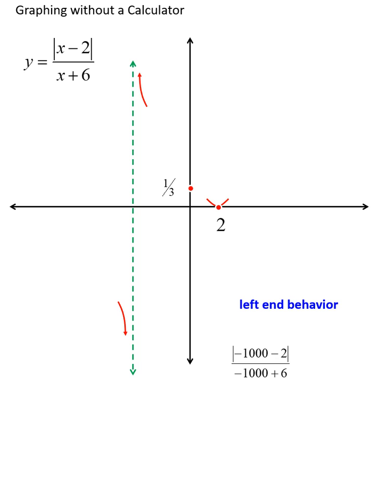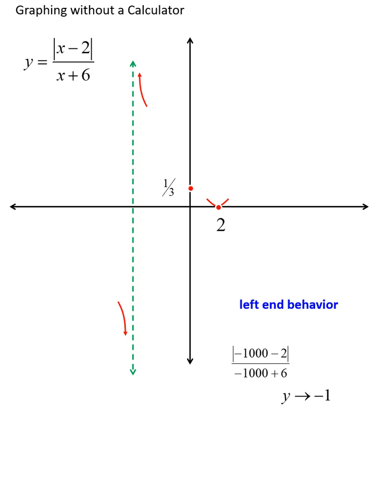Well, how many times does 994 go into 1,002? Pretty much exactly once, or almost once. So my conclusion here is that the left end behavior is as follows. As x approaches negative infinity, or goes further and further to the left, y is going to be getting closer and closer to negative 1. Imagine it another way.